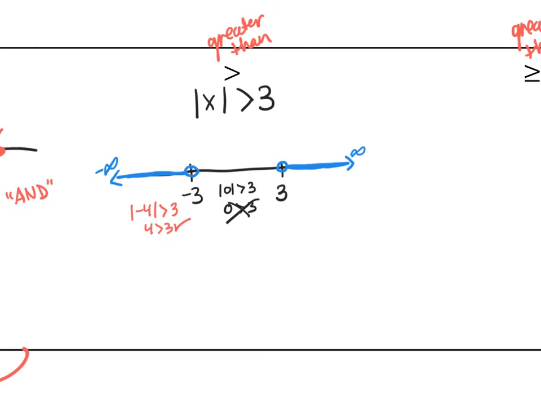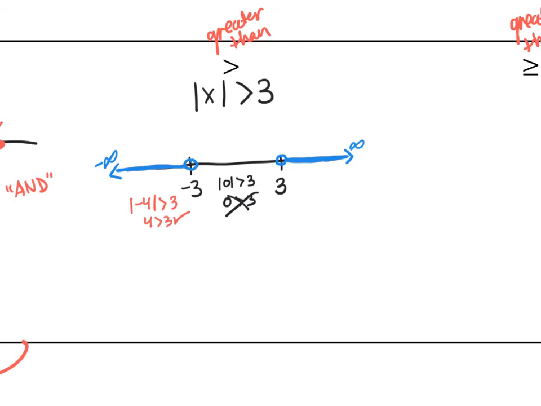All right, and then notation-wise, whenever we have infinities, we have to use parentheses. This goes from -infinity to -3, parentheses because it's open. So infinities always get parentheses, and if it's an open dot, it gets a parenthesis.